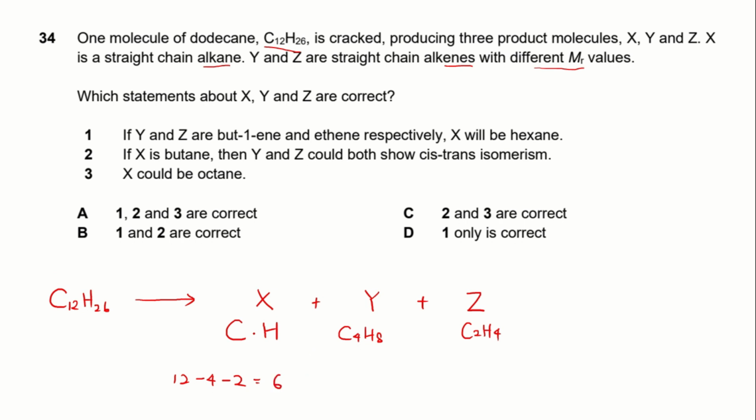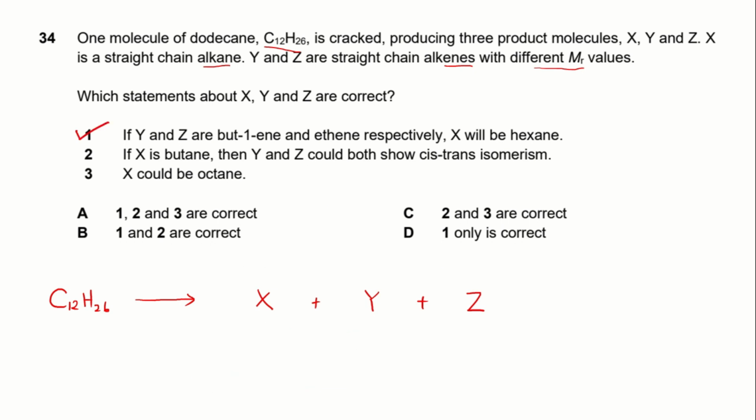So there are 6 carbon atoms in X. The number of hydrogen atoms in X will be 26 minus 8 minus 4, so the number of hydrogen atoms in X is 14. The molecular formula of X is C6H14. X is hexane. So statement 1 is correct.